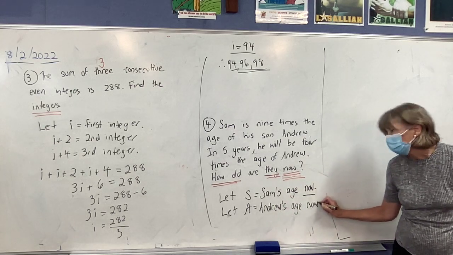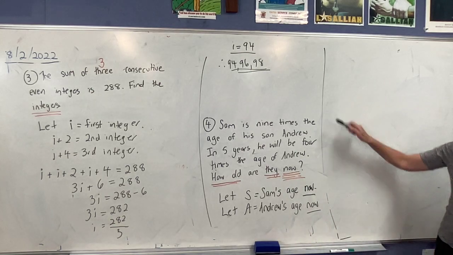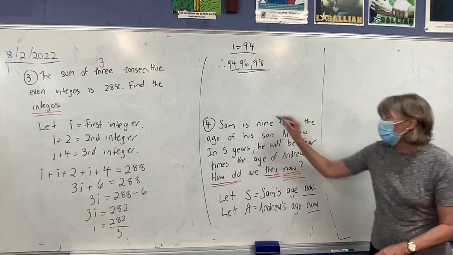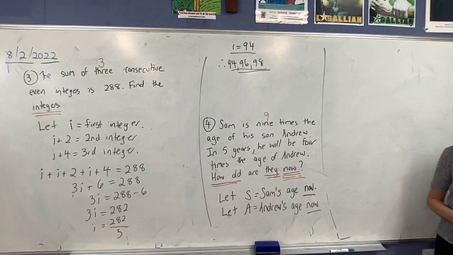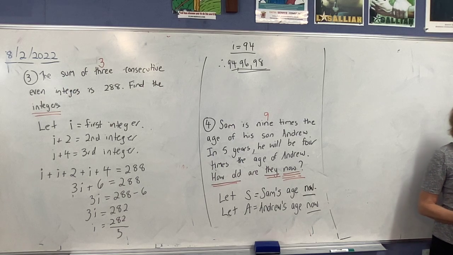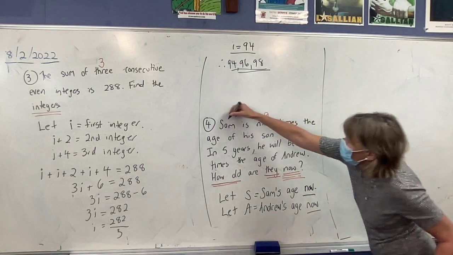All right, so let's start off with an equation using what they've told us. Sam is 9 times the age of his son Andrew. What do we write? Start with S because it says Sam is.